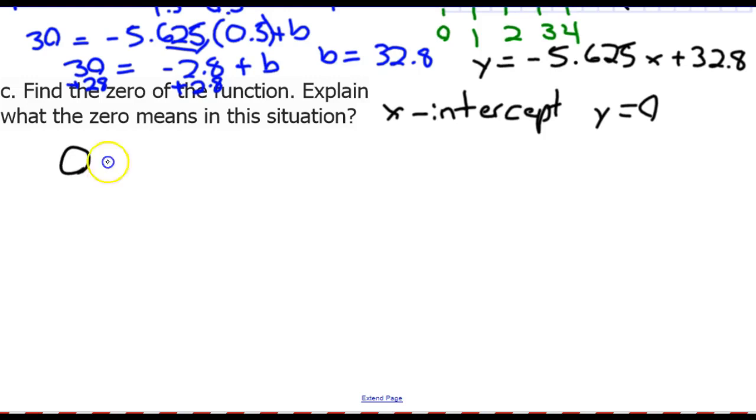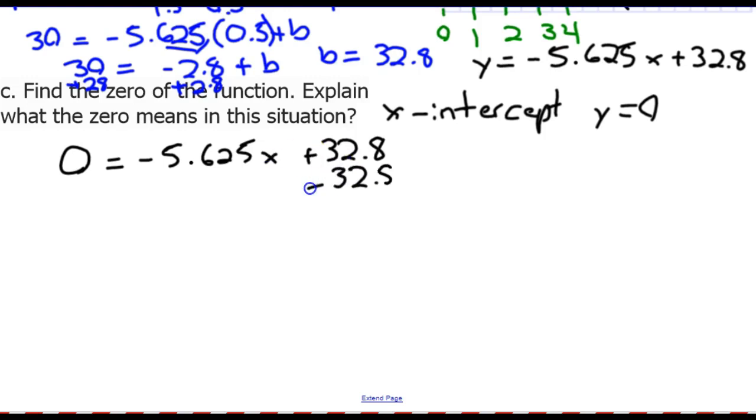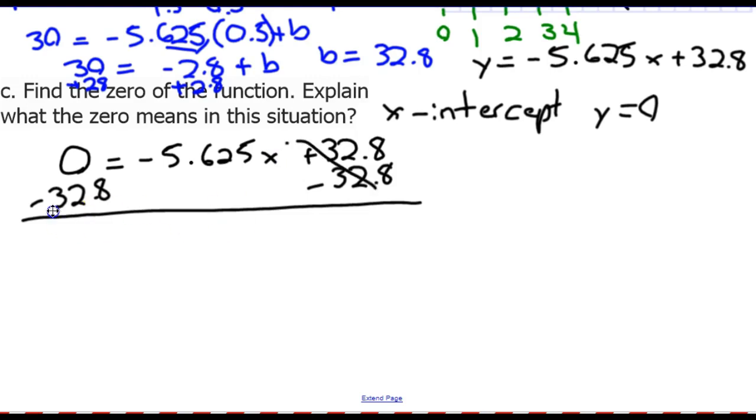So we'll have 0 equals a negative 5.625x plus 32.8. We subtract 32.8 to get x by itself. So we get a negative 32.8 equals negative 5.625x.